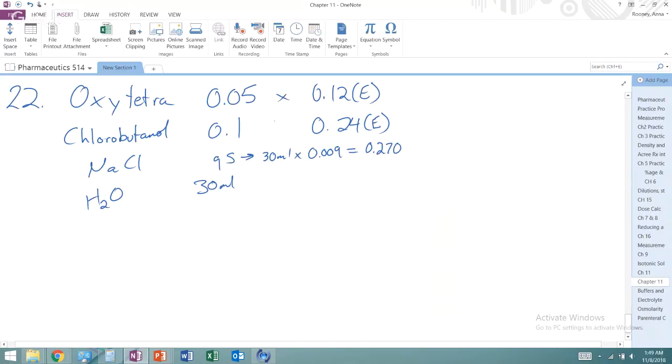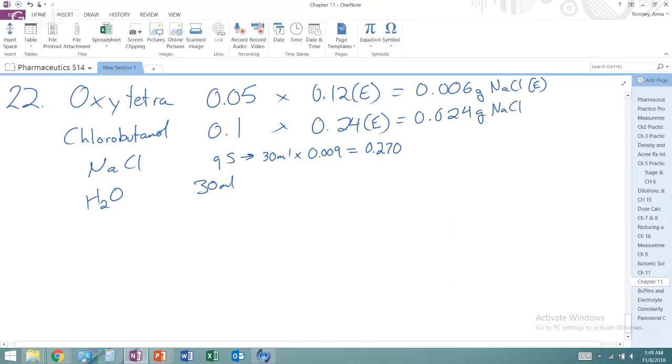And then these, we have to find out the equivalents. So this first one is 0.006, and then this one is 0.024 grams sodium chloride equivalent.